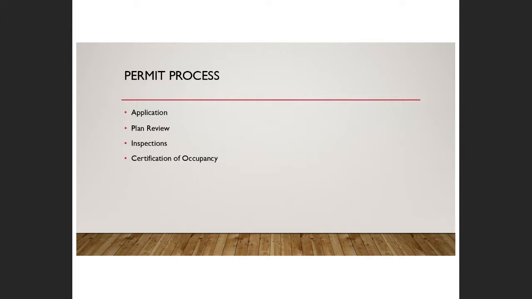Probably this time you're going to have the fire marshal there, to make sure that all the things necessary to make that a safe building are there. And then they'll issue a certificate of occupancy, which means that you as the owner can actually start using the building, or you as the general contractor can turn the building over to the owner and say, hey, I'm done, give me my final payment.